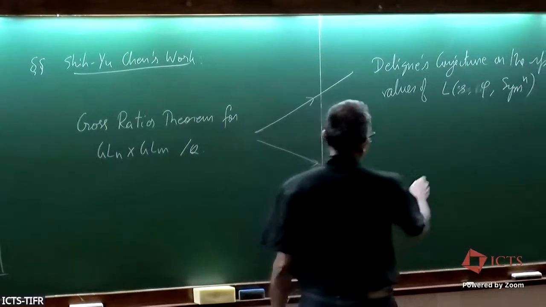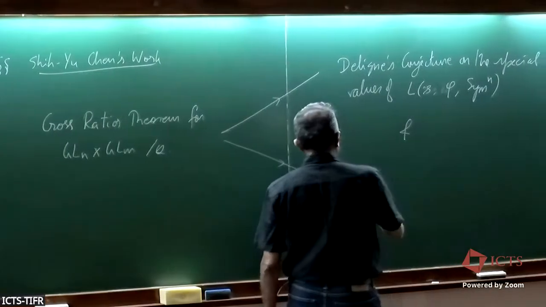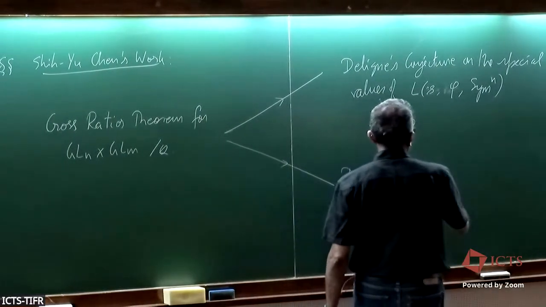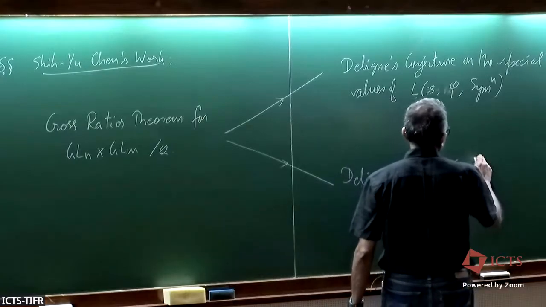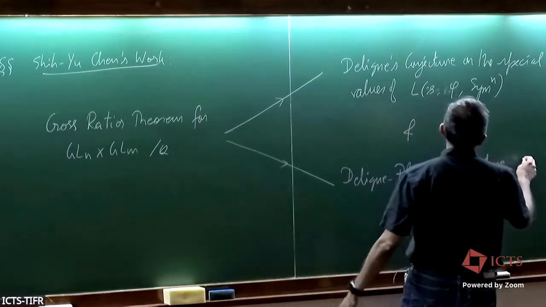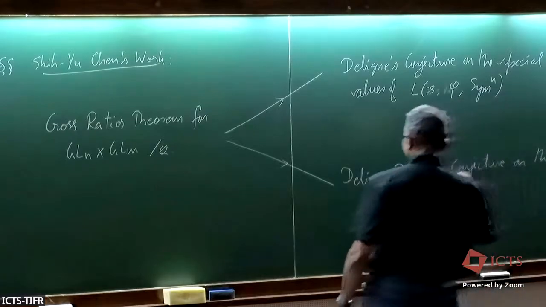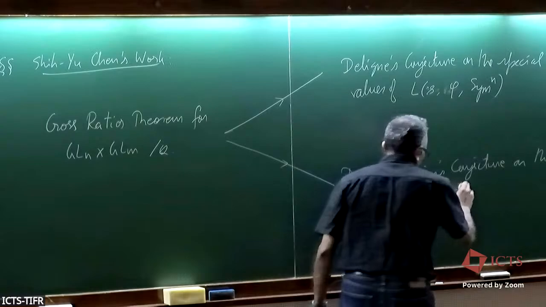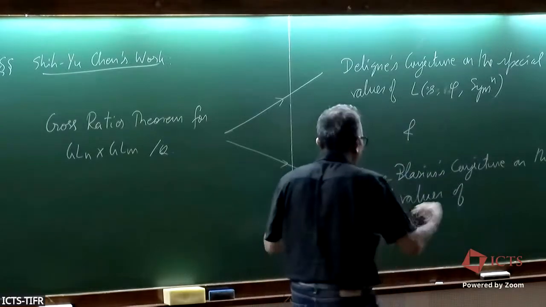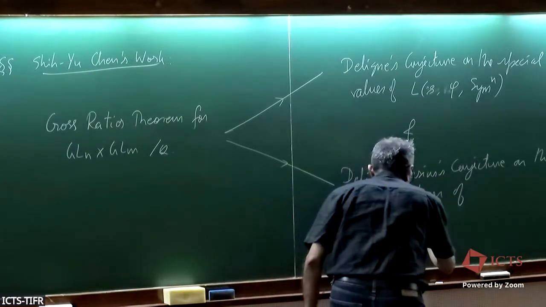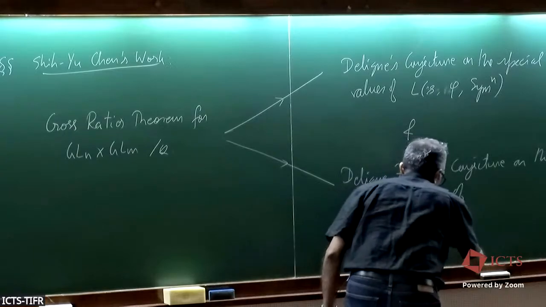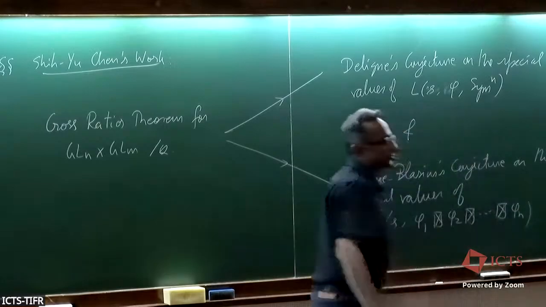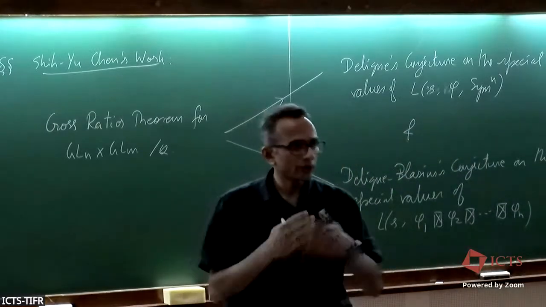And also the Deligne-Blasius conjecture on the special values of an n-fold tensor product of modular forms. Not just Rankin-Selberg, not just triple product, any n-fold product.